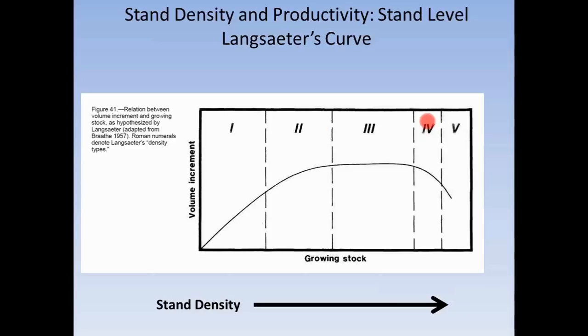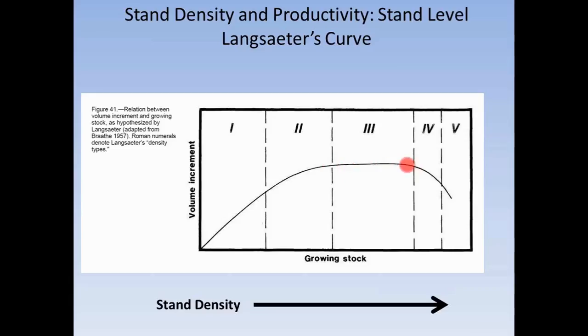Another way of looking at this is what's called the Langsaeter curve, and we're capturing sort of the same concept here. With the Langsaeter curve, one of the concepts is that there is quite a range of densities over which our stand level volume increment is about constant. What we're saying here is if we move from right to left, we have fewer trees, maybe we thin the stand, but our expectation under this paradigm is that we can remove trees, and the residual trees are going to grow fast enough to make up for those trees that were removed.